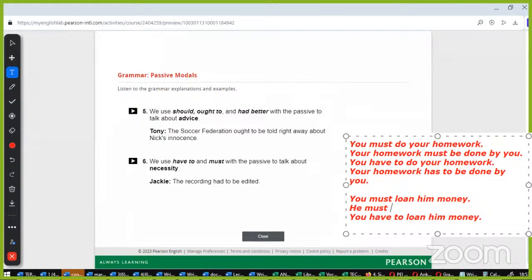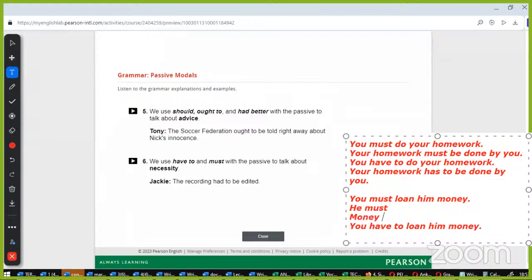The object is money. You could use either. Yes, money must be loaned by you to him. Or you could have said he must be loaned money.